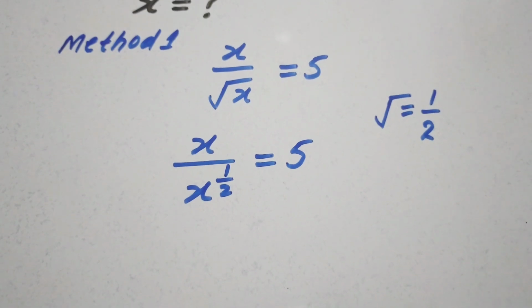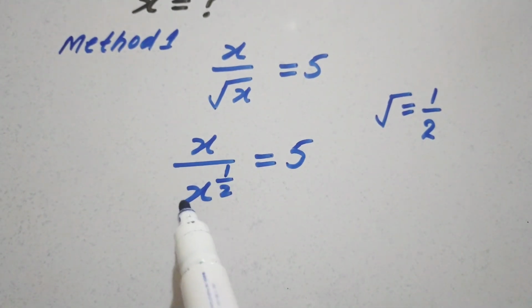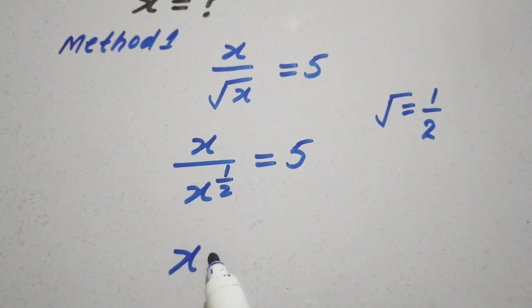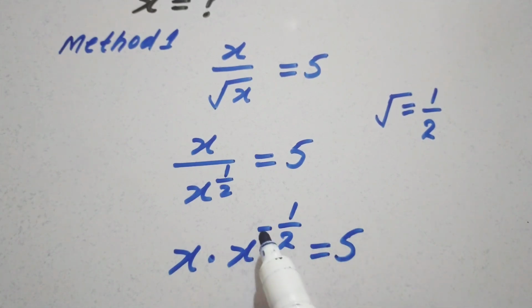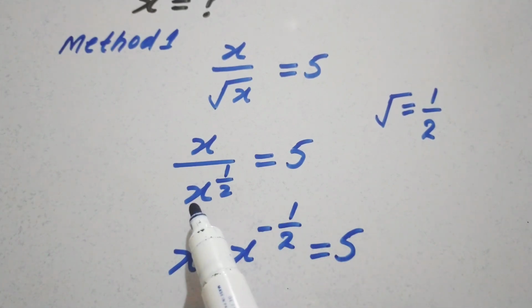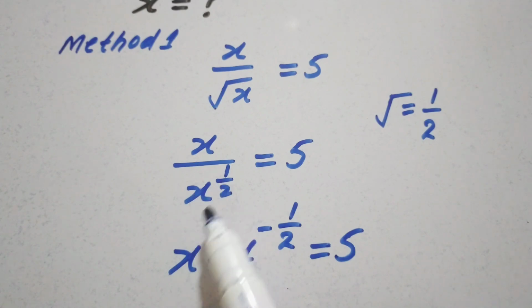Now by moving x power 1 by 2 from denominator to numerator, this will become x multiplied by x power minus 1 by 2 is equal to 5. x power minus 1 by 2 because we have moved x power 1 by 2 from denominator to numerator.